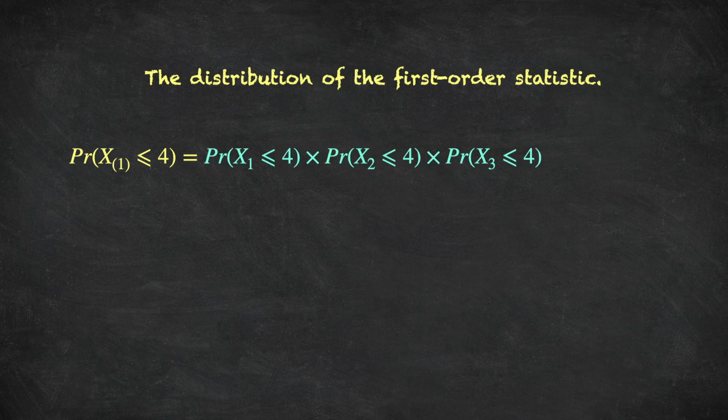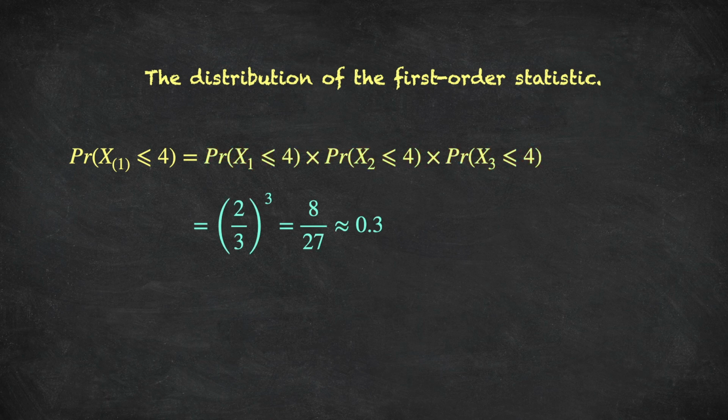So I would multiply the probability that x1 is less than or equal to 4 by the probability that x2 is less than or equal to 4, and times that by the probability that x3 is less than or equal to 4. Clearly, these are independent random variables, and so I can multiply their probabilities to find the overall probability that the highest of their values is less than or equal to 4.